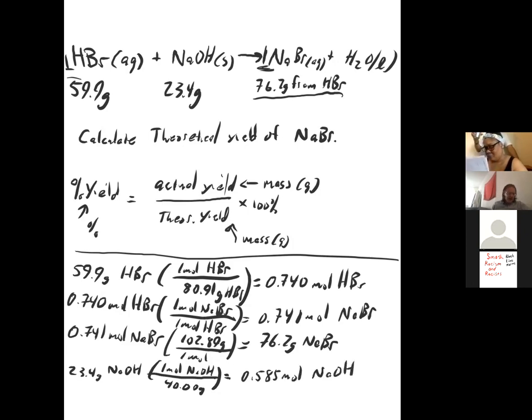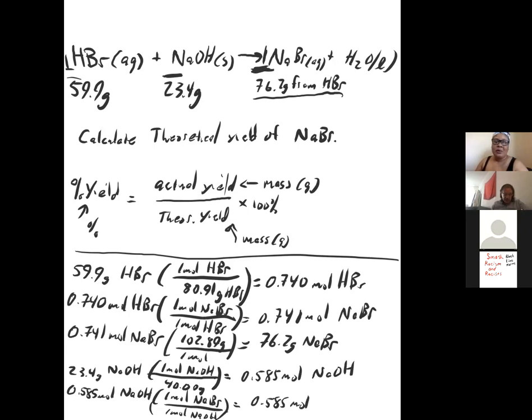Okay. Figure out how many moles of sodium bromide that is. Well, it's going to be the same because it's 1 to 1. So 0.585 moles of NaOH times 1 mole of NaBr over 1 mole of NaOH, right? It's 1 to 1. So 0.585.